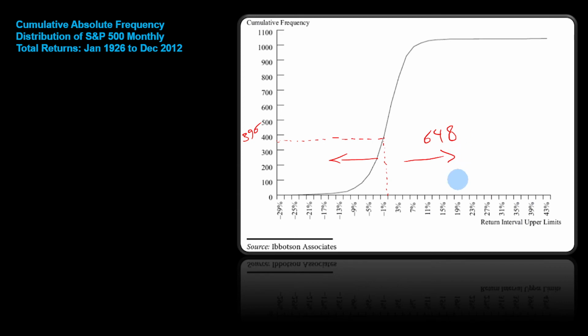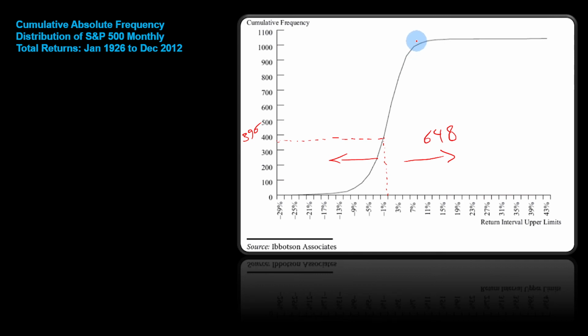The other thing that we mentioned in the cumulative absolute frequency graph was the slope of the line. When the slope of the line is changing and rising fast, becoming very steep, that means we have most of the observations in there, and when it becomes flat, that means we don't have that many observations in these intervals.